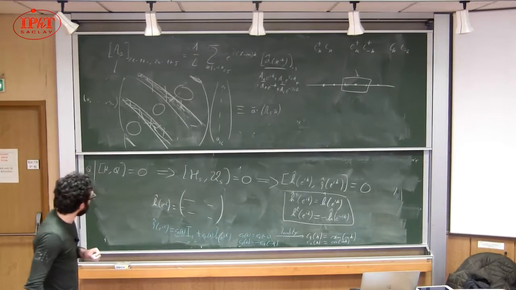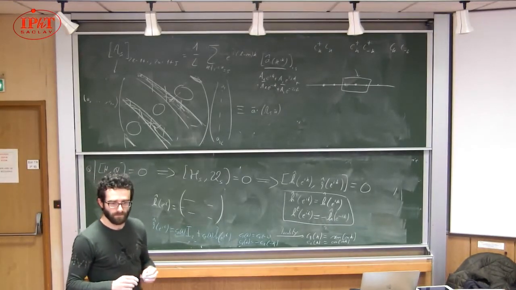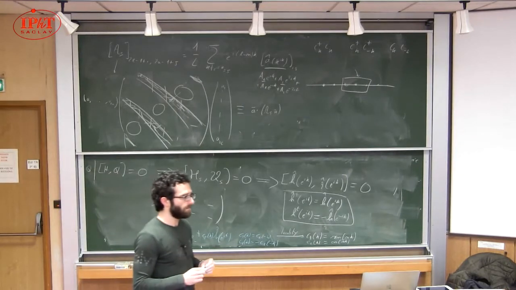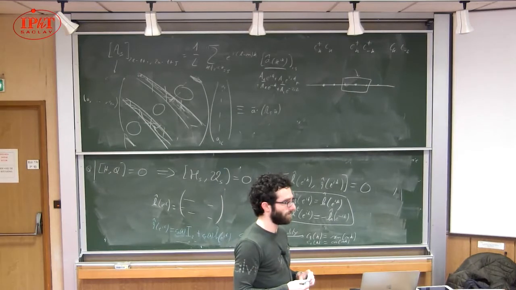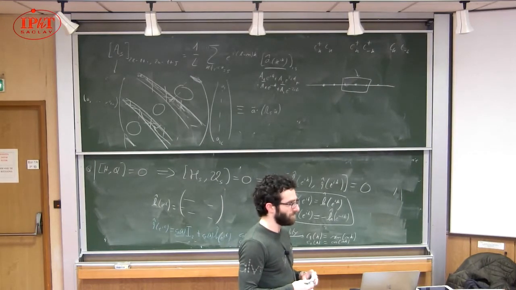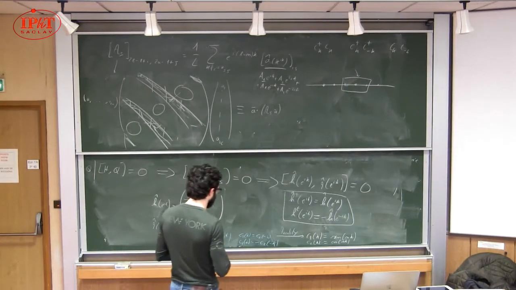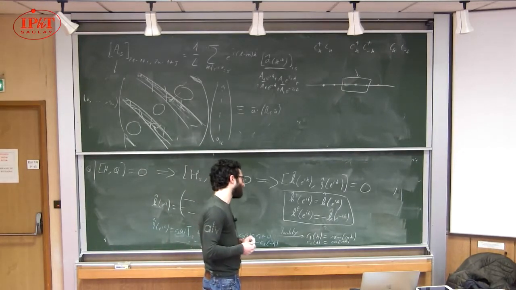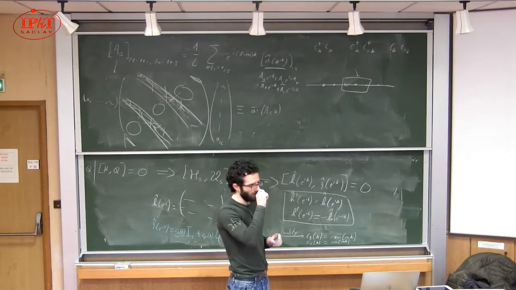Other questions? One question: is this algebraic method useful, for example, to compute correlation functions of things that involve the string? In that case, I don't think so. It's not really useful for that.